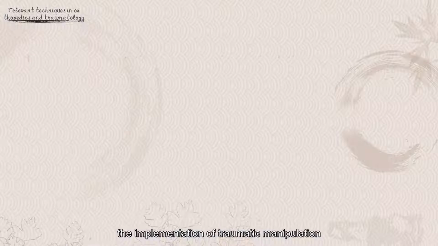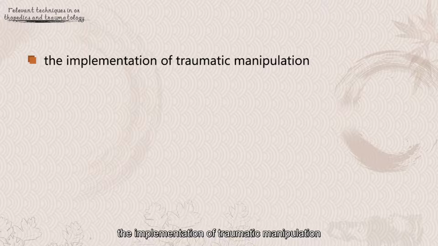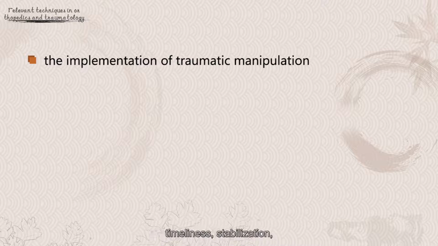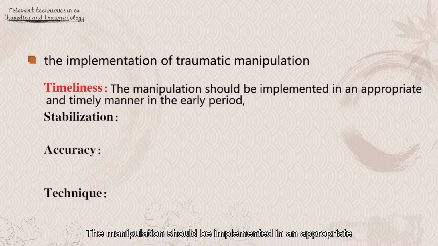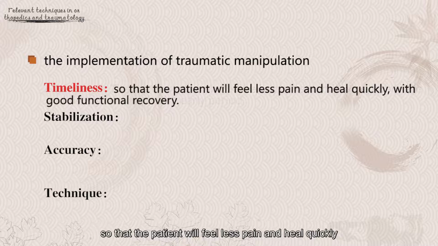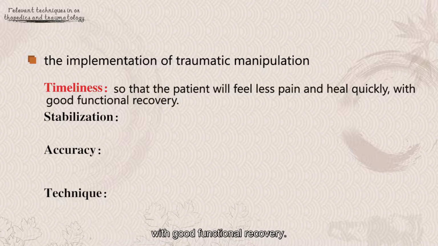In summary, the implementation of traumatic manipulation should follow this principle: timeliness, stabilization, accuracy, technique. Timeliness. The manipulation should be implemented in an appropriate and timely manner in the early period, so that the patient will feel less pain and heal quickly, with good function recovery.